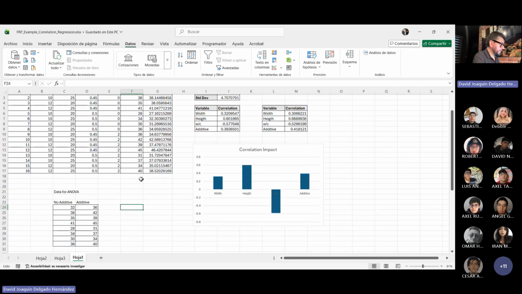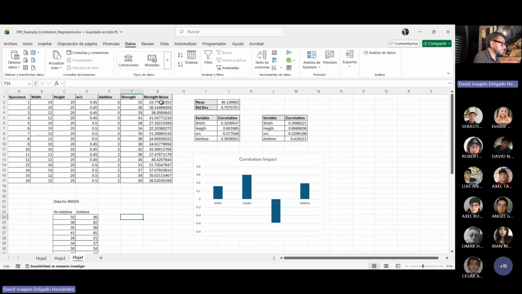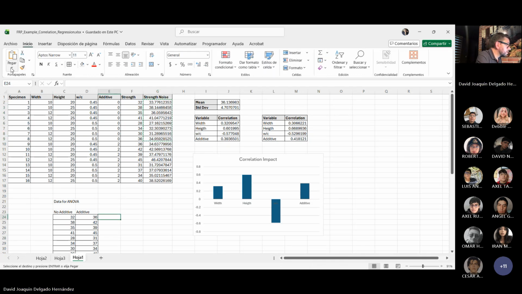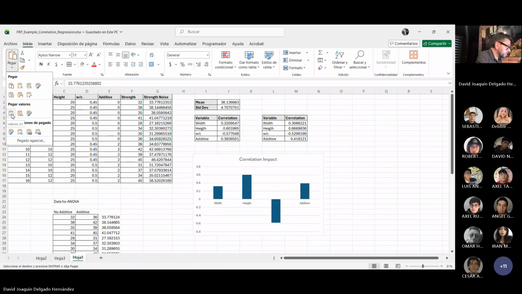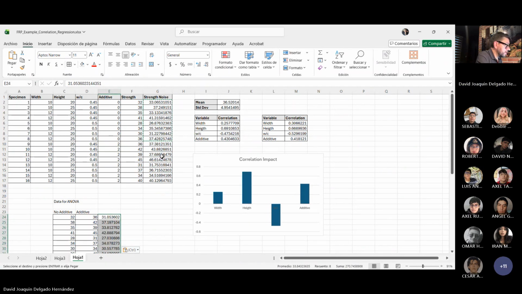So in order to carry out the ANOVA, let us put this one with noise. Let me put this here, and I'm going to put just the values. These are changing all the time, so I have to be very careful.